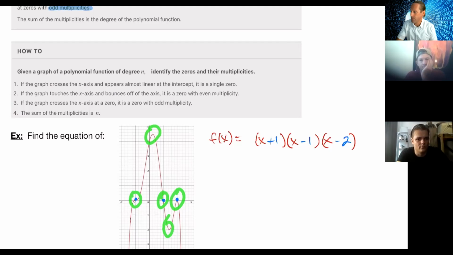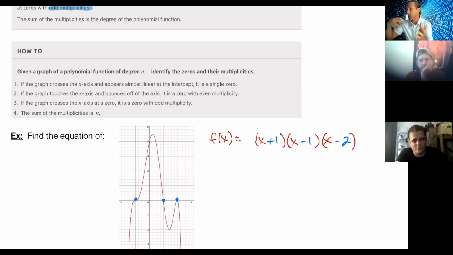No, it's 3. Ooh, okay. Remember, I'm trying to get you guys to make sure that you differentiate between the x-intercepts and the turns and all this stuff. It can get jumbled in there. And that's why it's really important to understand this, because the better you do now, the easier calculus is going to be when you come across this.